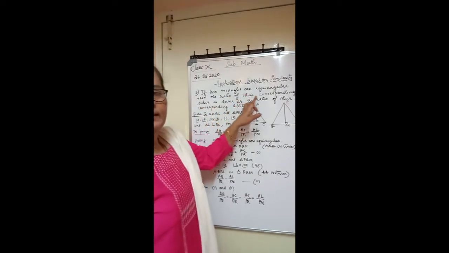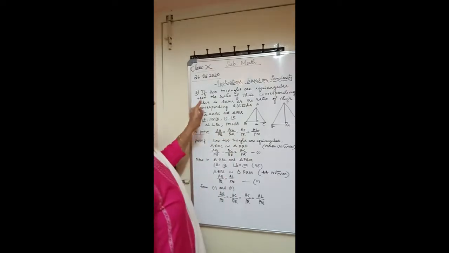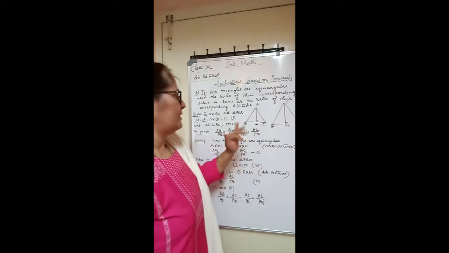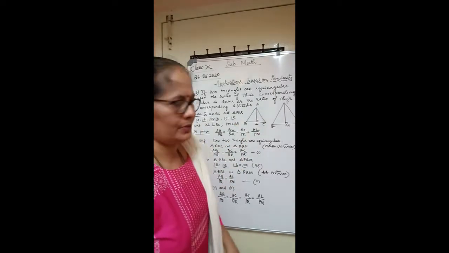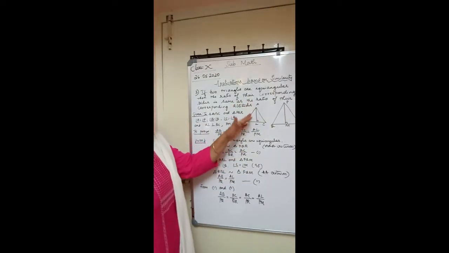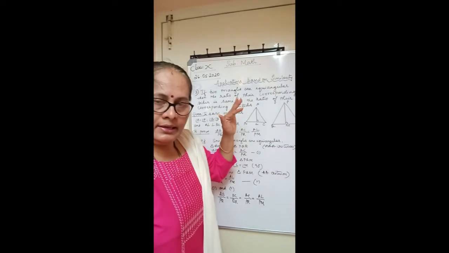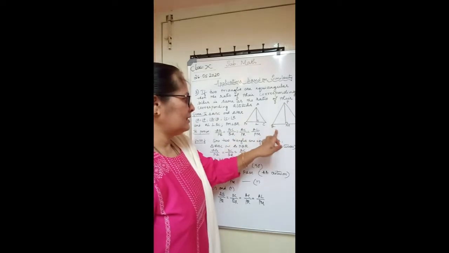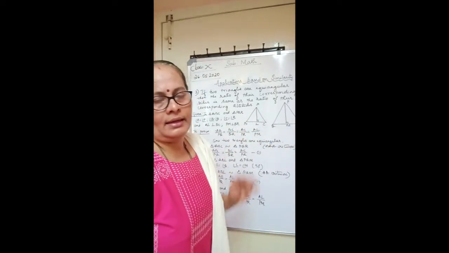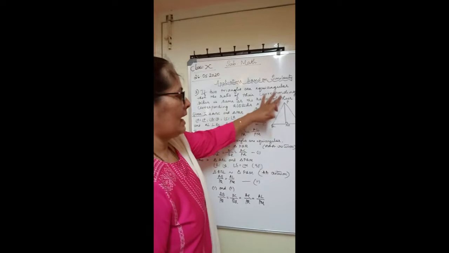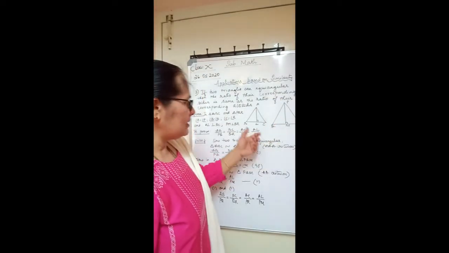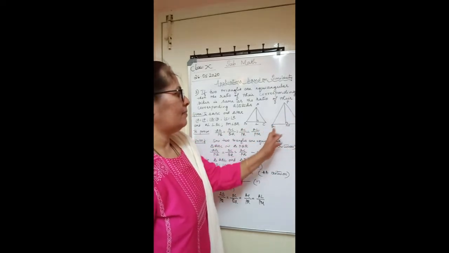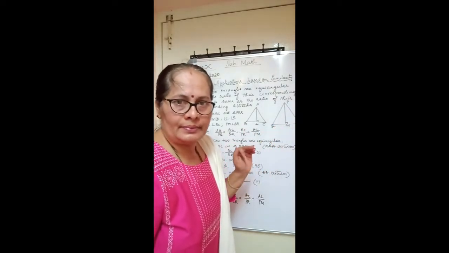If two triangles are equiangular, then the ratio of their corresponding sides is the same as the ratio of their corresponding altitudes. Now, so two triangles are equiangular. Once again, angle A equals angle P, angle B equals angle Q, and angle C equals angle R. And AL and PM are the perpendiculars drawn on BC in triangle ABC, and on QR in triangle PQR. Okay.